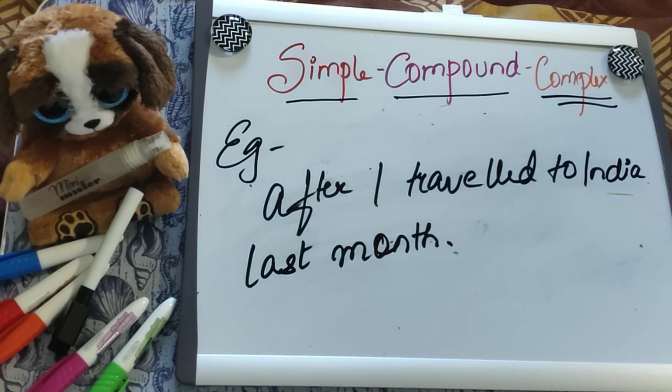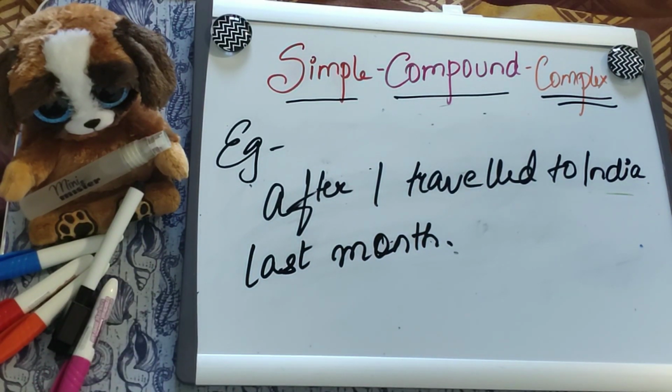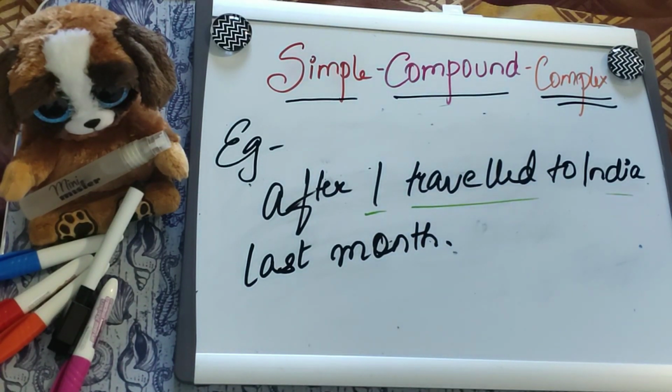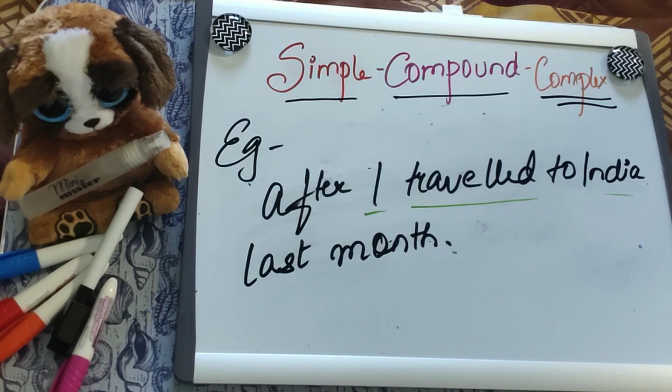Here we can see there is the subject I and traveled is the verb, but the thought after I traveled to India last month makes no sense. Nothing. That's the reason it is a dependent clause, because it is waiting for another clause, which would be an independent clause, to make full sense.